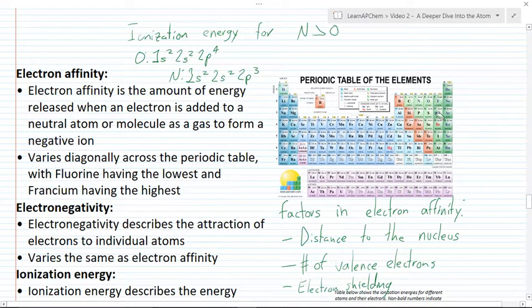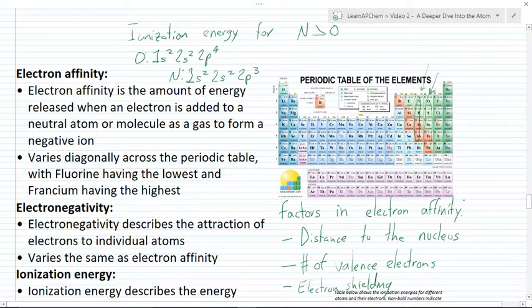That's where the exceptions come into play. As we remove electrons from here, our element becomes more stable, whilst here it becomes less stable.